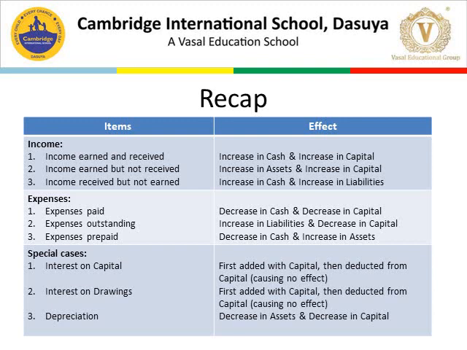Third, depreciation. Depreciation will decrease the value of assets. So decrease in assets and decrease in capital. Depreciation is a sort of loss, so that is why it is decreasing the capital also. So these are the items which we have studied in the previous classes and previous chapter. Hope you understand everything about the previous chapter.